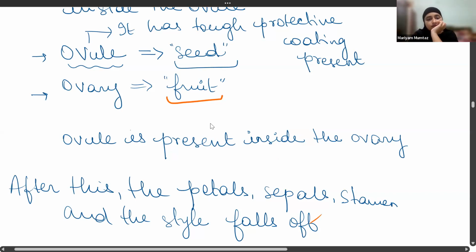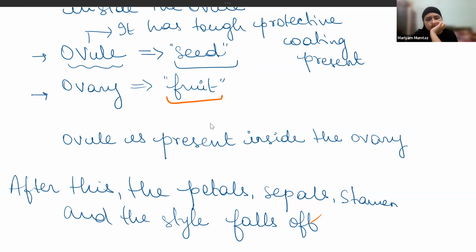New petals will grow. Tell me, why would they fall off? Why don't they stay intact? Ma'am, because it has already attained what it needs.